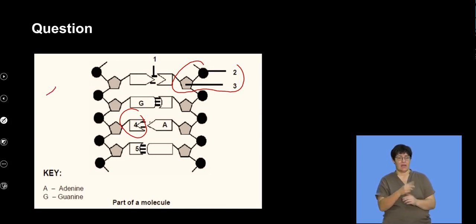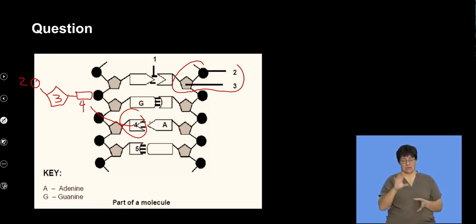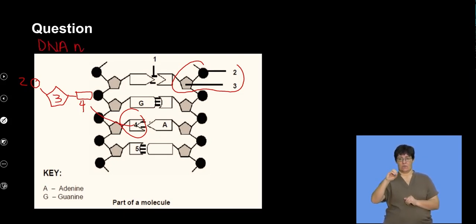It consists of a sugar, a phosphate molecule, as well as a nitrogenous base. So number 2 is the phosphate, number 3 is the sugar, and number 4 is the nitrogenous base. These 3 parts collectively are referred to as a DNA nucleotide. And we refer to that as a monomer of DNA, or a building block.